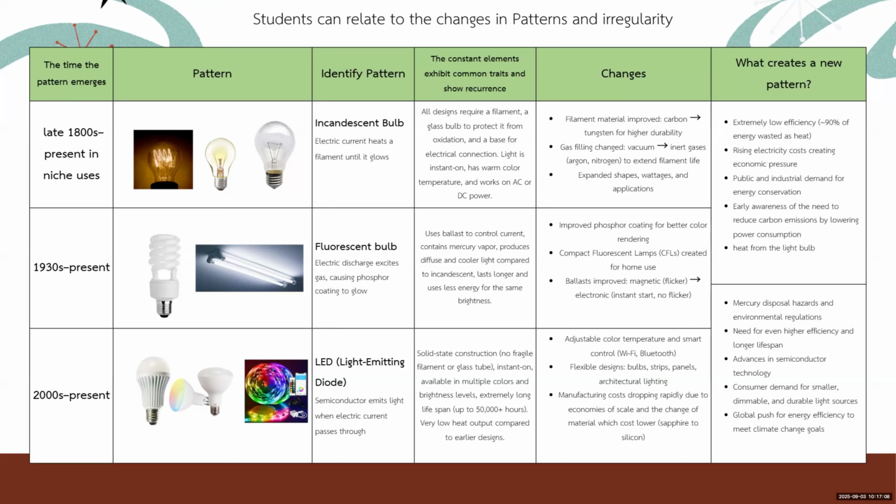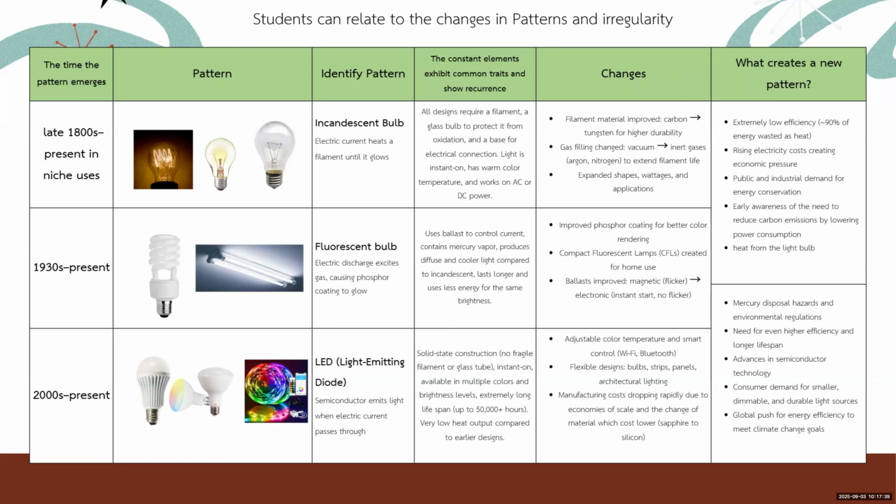As electricity costs were rising, it created economic pressure, and that's why it changed into another pattern I call the fluorescent bulb. It's around 1930 to present. This kind of bulb uses a different way to light up.